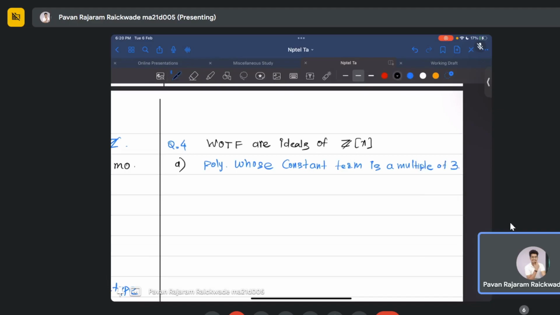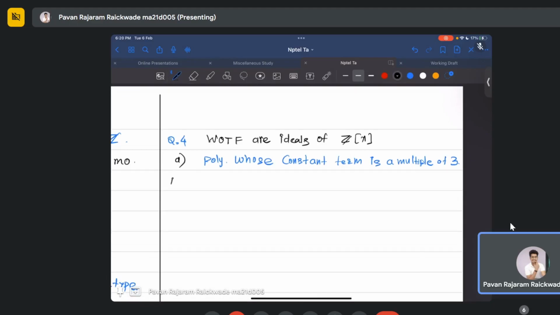Is this an ideal? Answer. What do you think? Anyone can answer me. Is this an ideal of ZX? It's a very simple question, you can answer without much thinking. I think no, sir. Huh? Pardon?